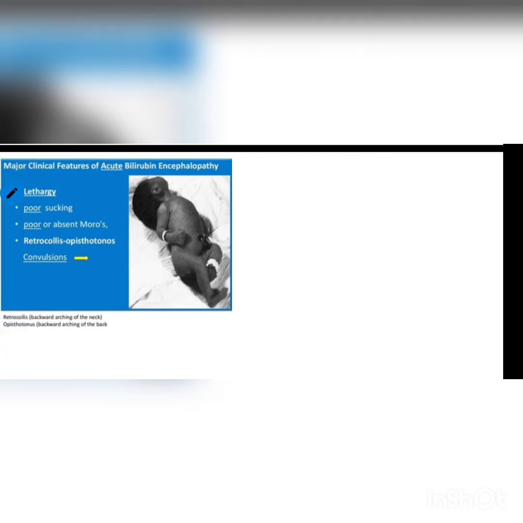Major clinical features of acute bilirubin encephalopathy: lethargy, poor sucking, poor or absent Moro reflex, then retrocollis and opisthotonus. This is the posture of the child when he has bilirubin encephalopathy.